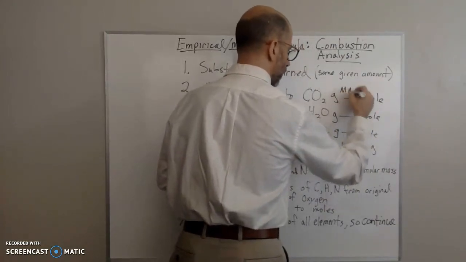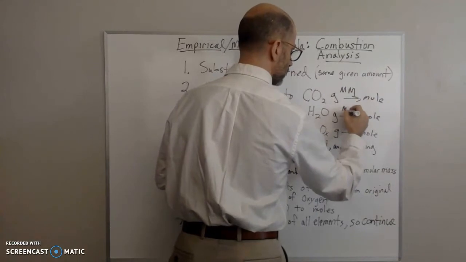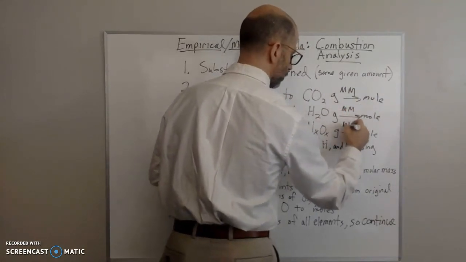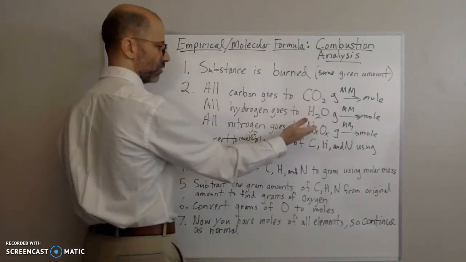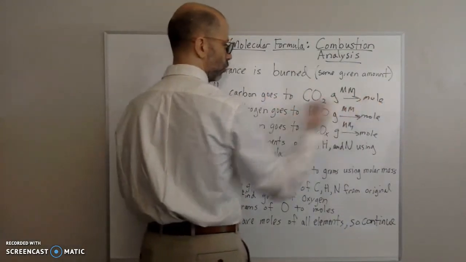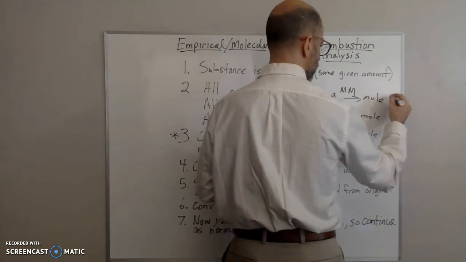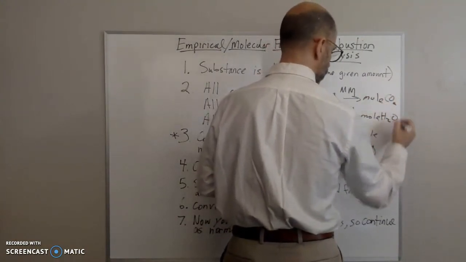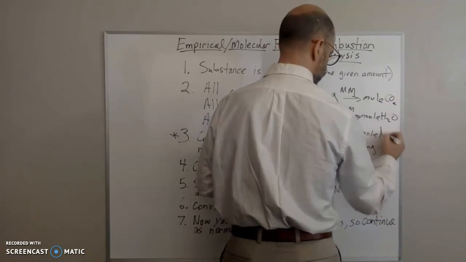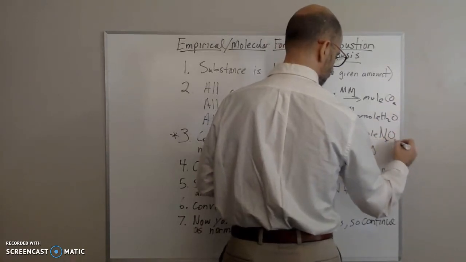So you're going to use the molar mass of the products and convert that to moles. So you're going to get moles of CO2 and moles of H2O and moles of whatever this product might be here, right?